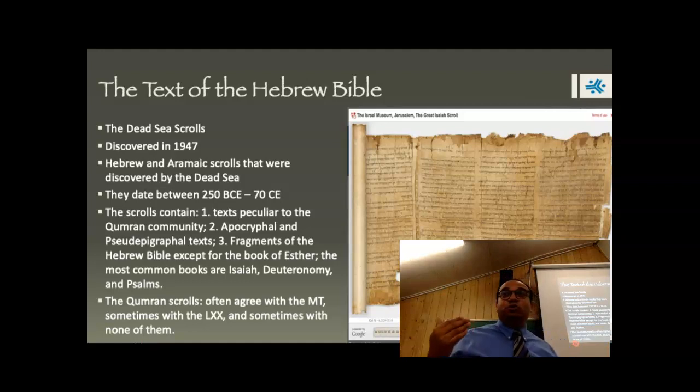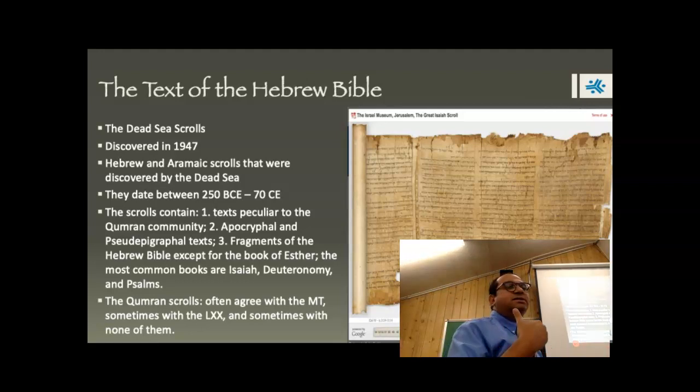Some translations chose to stick to the Masoretic text, even if it doesn't make sense, and other ones said, no, the Greek text here makes more sense, and so on. So that's the discipline of textual criticism that tries to understand the nature of the texts themselves and also to offer the most plausible reading of the text.